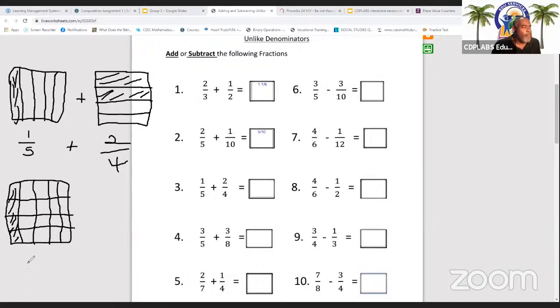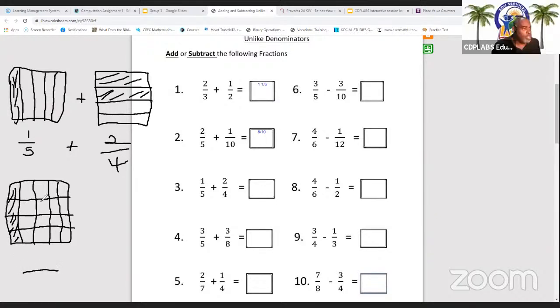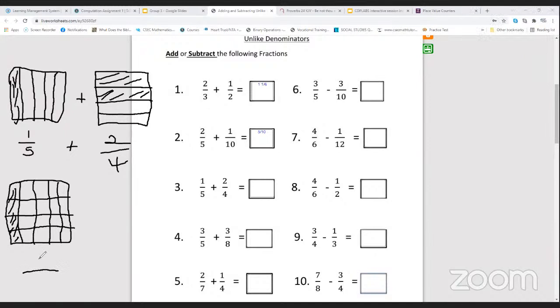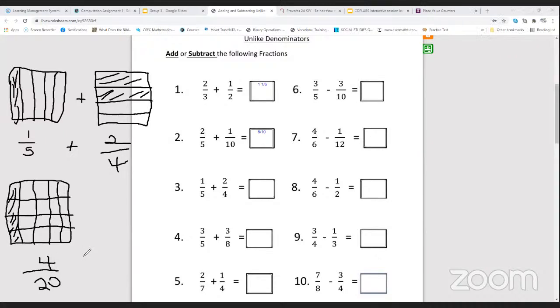Good. Okay, so we're going to count the total number of boxes. How many boxes are there? Yes, sir, it would be 20, I think. 20. And count the part shaded. 4. All right.